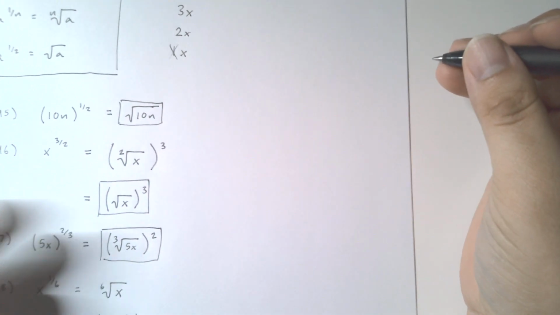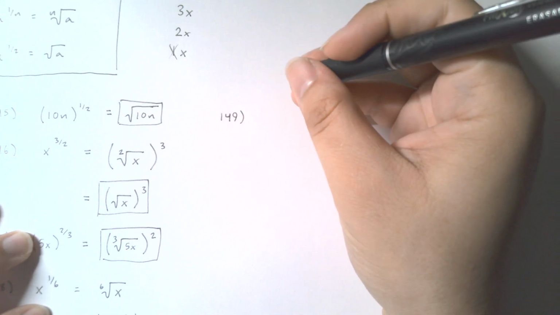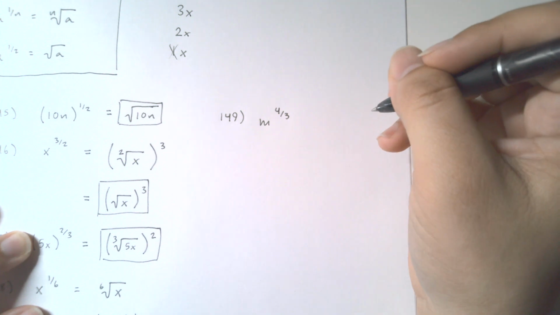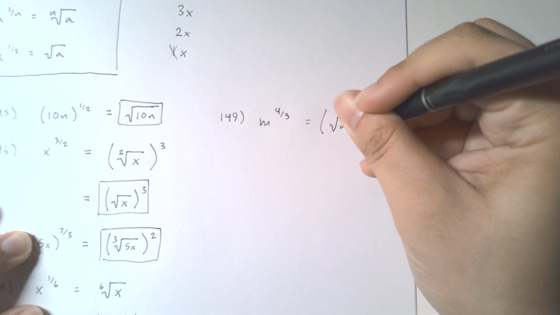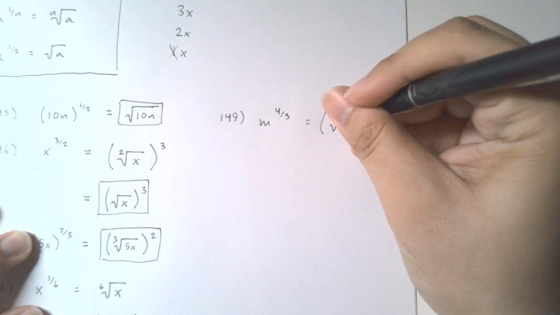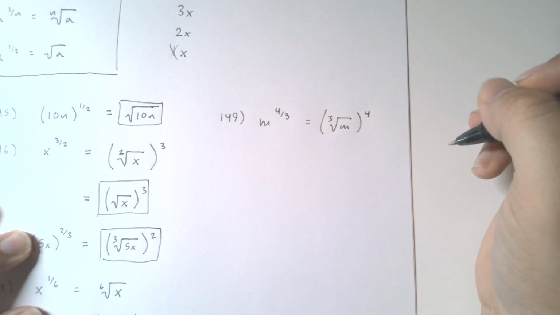Looking at the next one, we have number 149. So for number 149, we have m to the 4 over 3 power. So we can rewrite this as root m, and number on the bottom is your index, 3, number on top is your exponent.